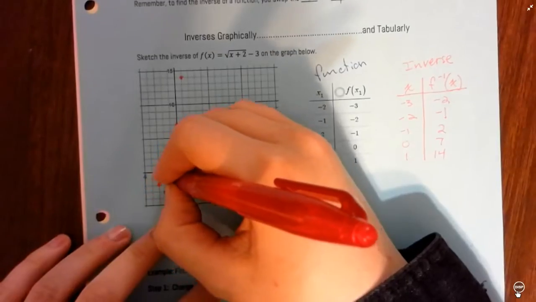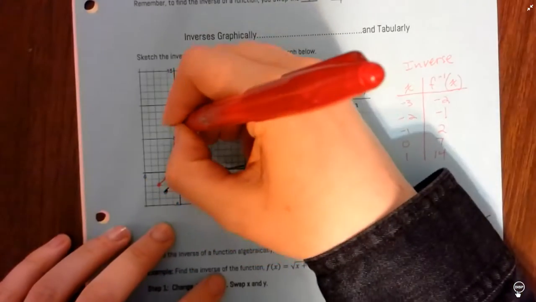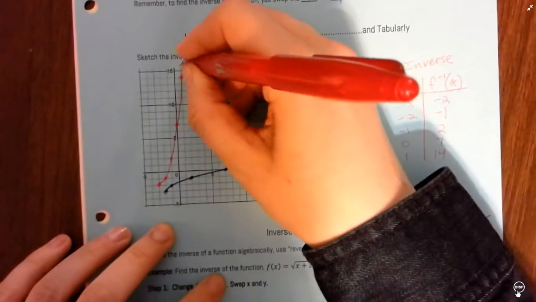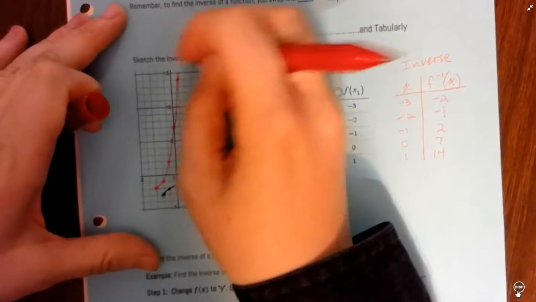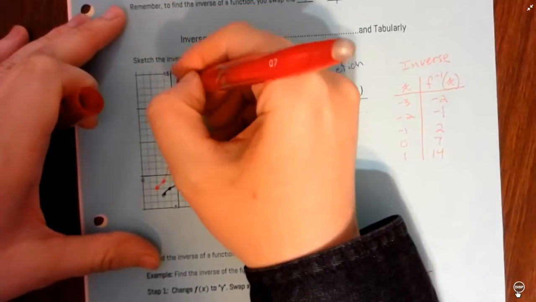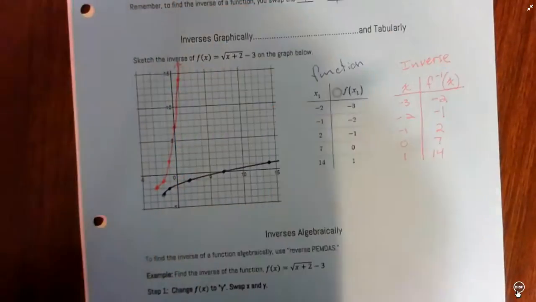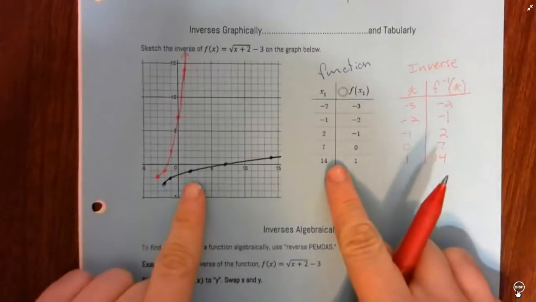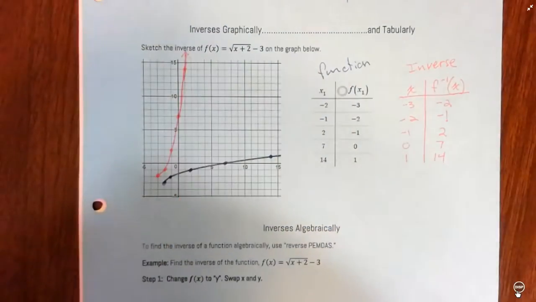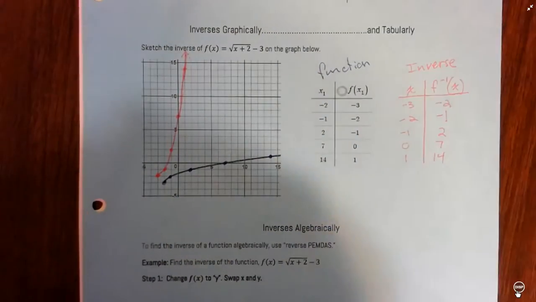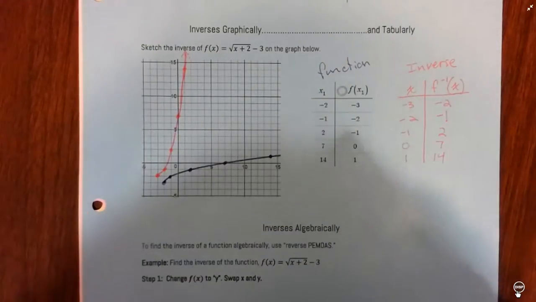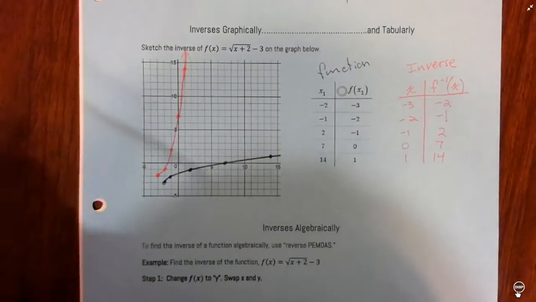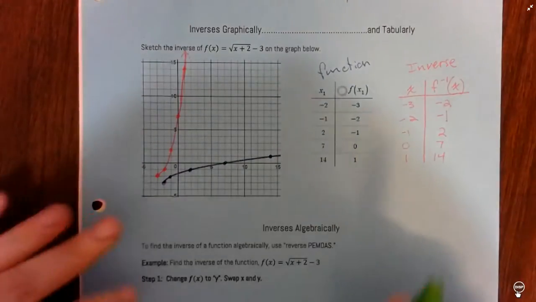So let me sketch that in. It's not the nicest picture, but you get the idea. Much better. All right, so there's my original function and there's my inverse. And remember, when you graph a function with its inverse, you've got this spiffy diagonal line going on here.